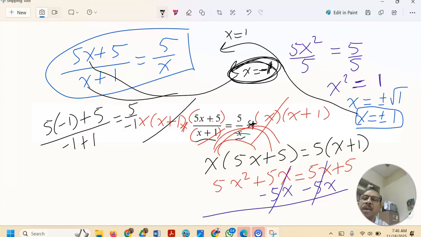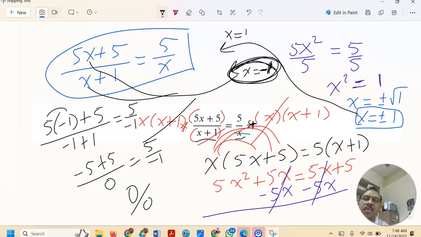You notice this will be negative 5 plus 5 over the bottom, which is 0, and that does not make sense. So Jada did all this work, she got 0 over 0, and that doesn't make sense. That's because this is not a solution. It's not a part of the domain.